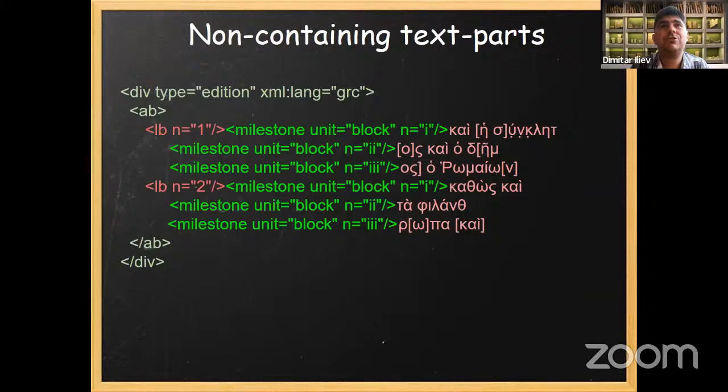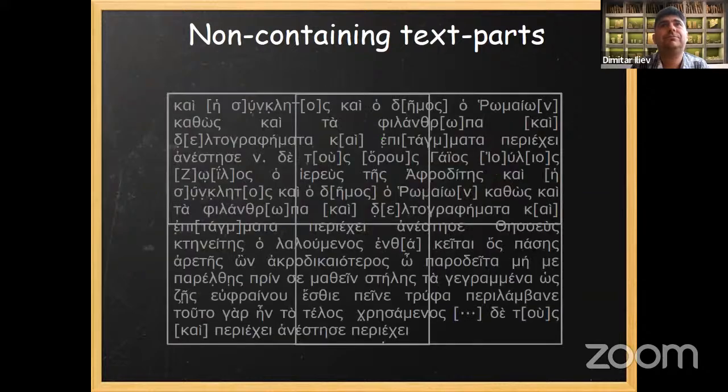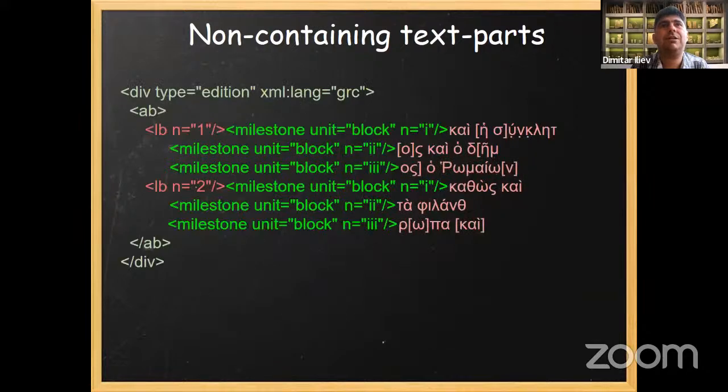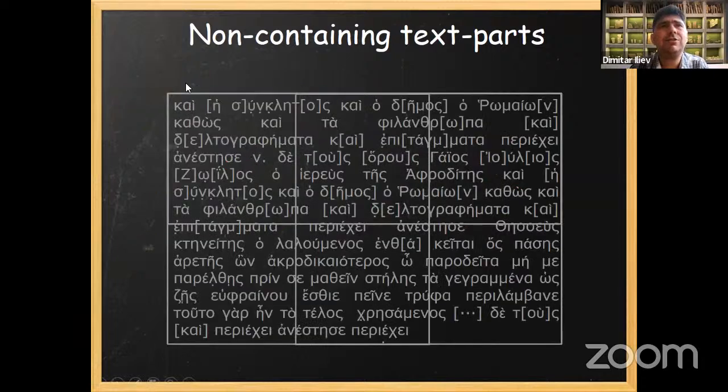And some text parts which are non-contained within each other. Then, in this case, which is really, really complex, inside the lines of the inscription itself, here you have some inscription in, let's say, 10 lines.